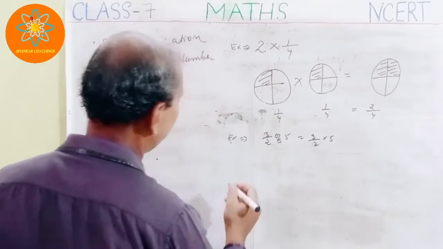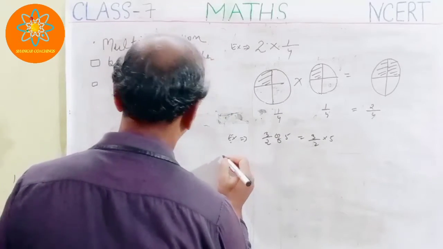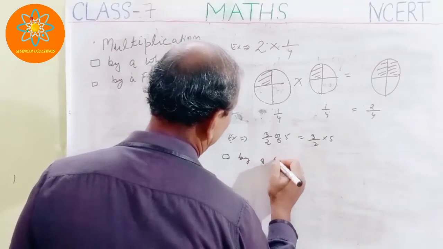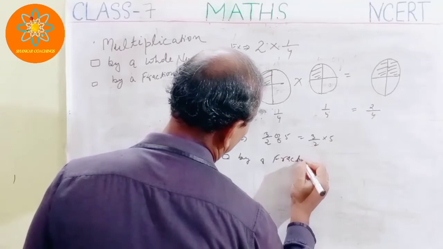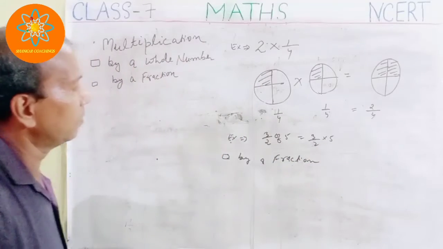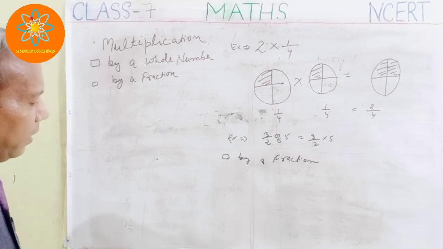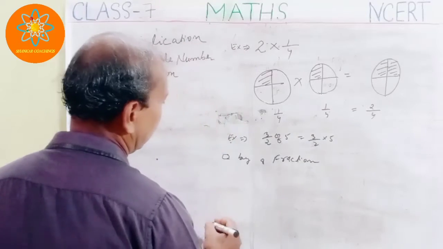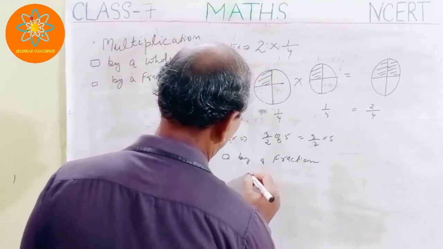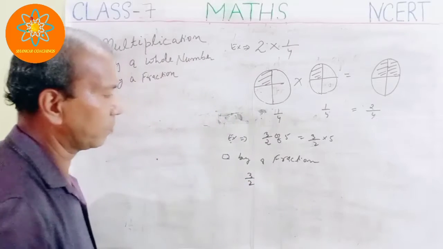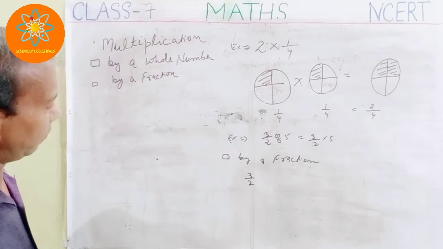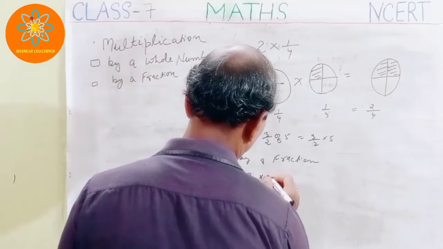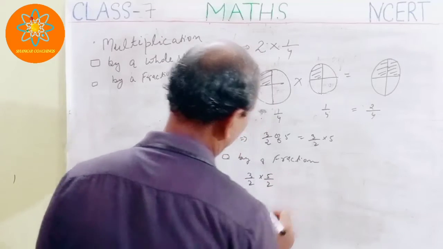Now the next one is multiplication by a fraction. Let's suppose I am taking one example for this. Let's suppose 3 by 2 is given, and this is a fraction, and we multiply this by another fraction. Let's suppose this is 5 by 2.